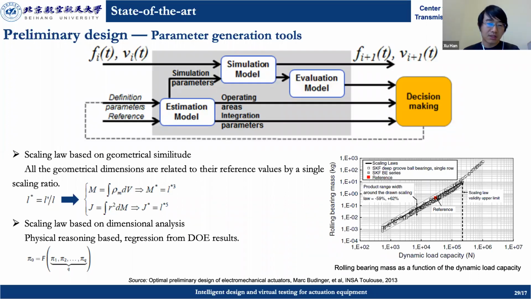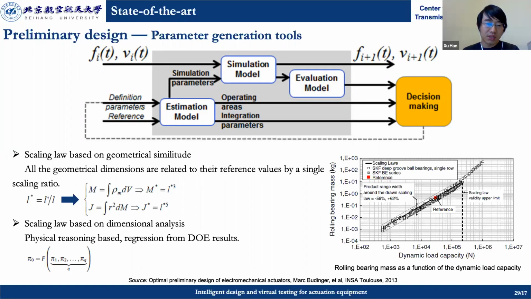So there is the second method, scaling law-based dimensional analysis. The parameter is estimated based on a physical reasoning model, so all the parameters which have a relation with the estimated parameter are involved in the function.